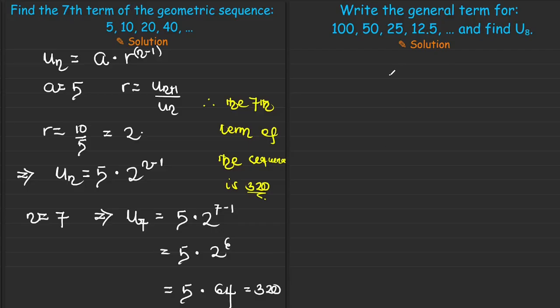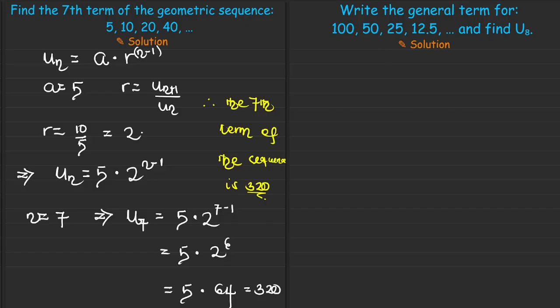First of all, let's check whether or not it is an exponential sequence. If we have 50 divided by 100, that gives us a half. 25 divided by 50 gives us a half as well. Then 12.5 divided by 25 gives us what? A half as well.